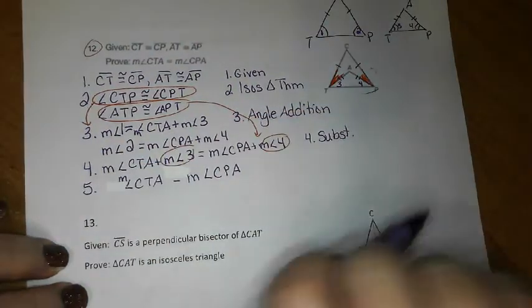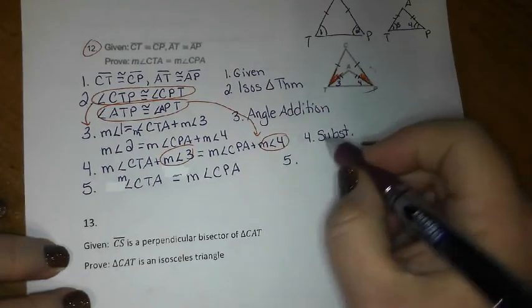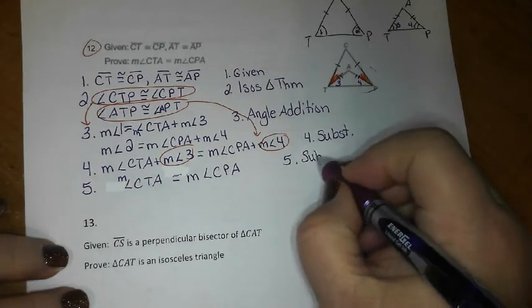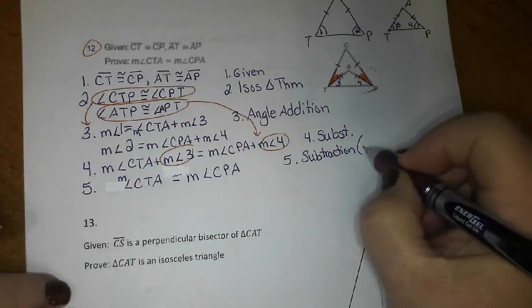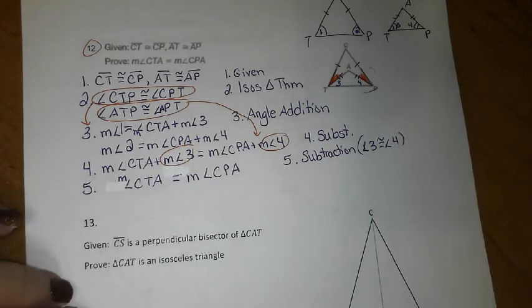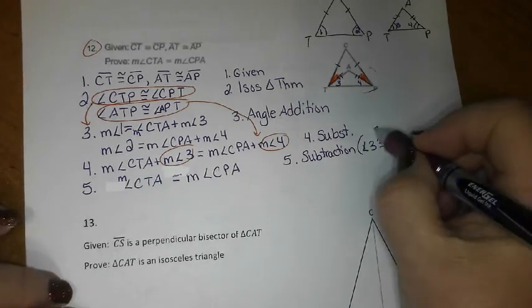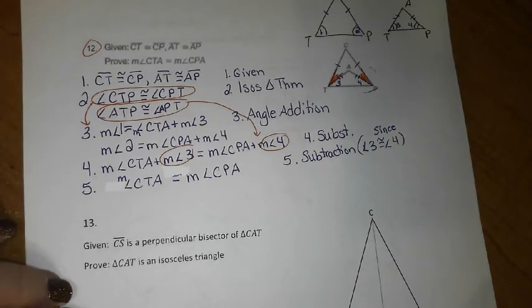Make that a little neater. And my reason here, I'm going to say subtraction, because angle 3 was congruent to angle 4, so it's like I subtracted the same thing from both sides. And that's down to my final proof.